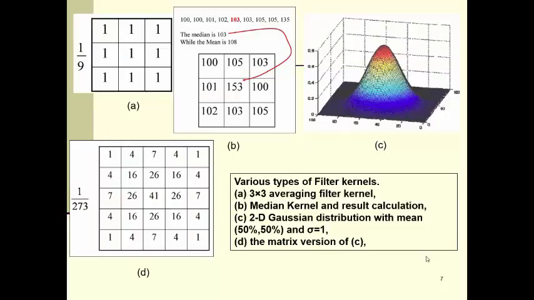we said that this slide shows several things in the same place. First of all, in part A, or in image A, we have an example of an averaging filter kernel. The idea here is the following: as you know, if I apply this filter, I will use the convolution.